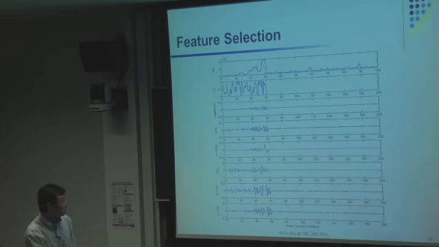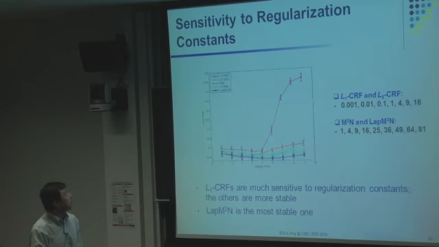And the other models either have no ability to do feature selection because they have non-zero weights, or have feature selection like the L1 norm M-cube network, but their predictive performance is worse. And there are some other properties such as sensitivity to regularization and so on and so forth that we can discuss in the next lecture.